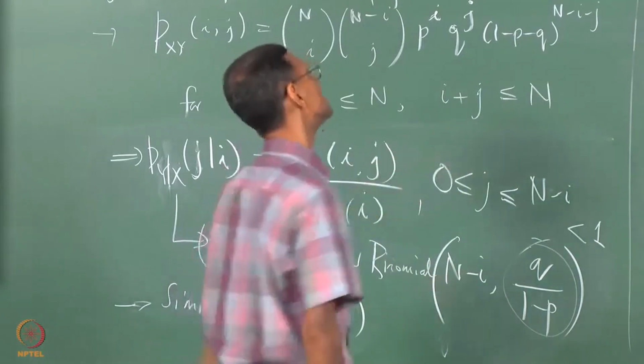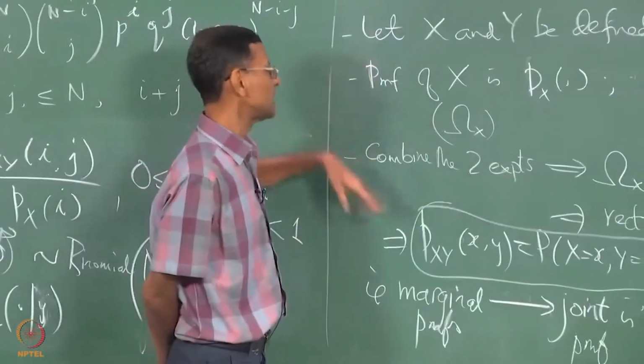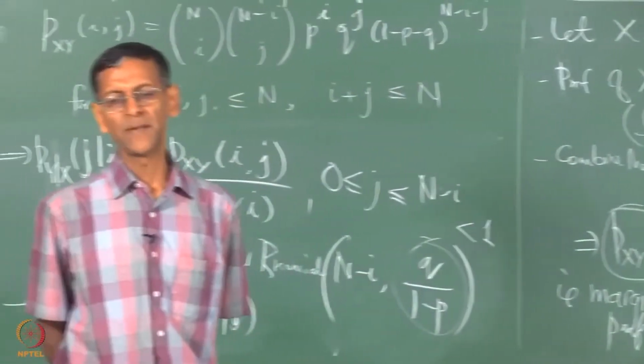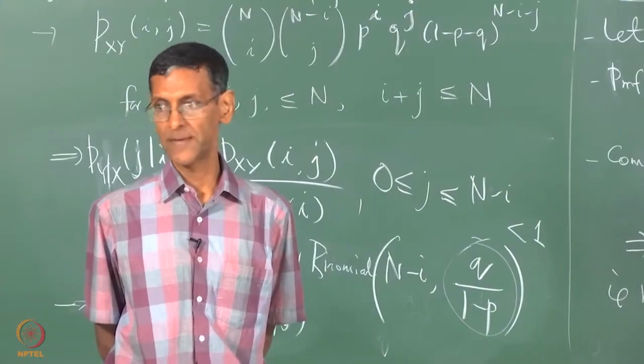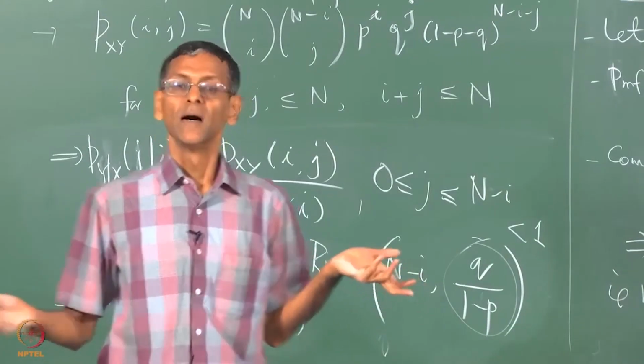This is the most commonly encountered situation, right? We always combine independent random variables to form bigger spaces, or independent experiments to form a bigger composite experiment.